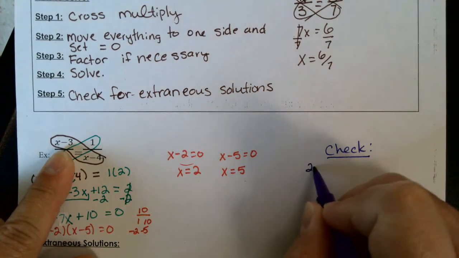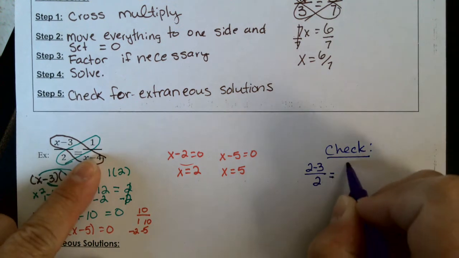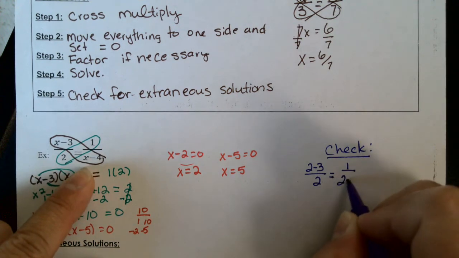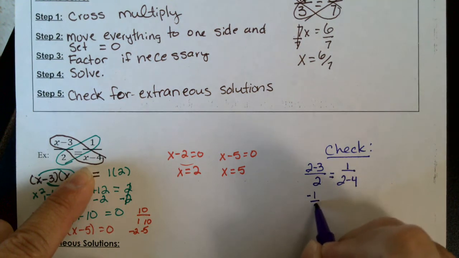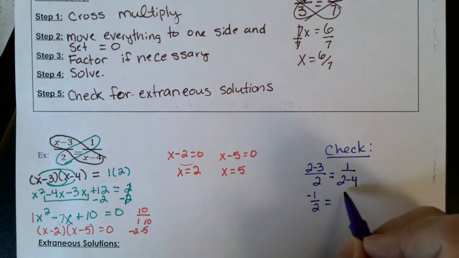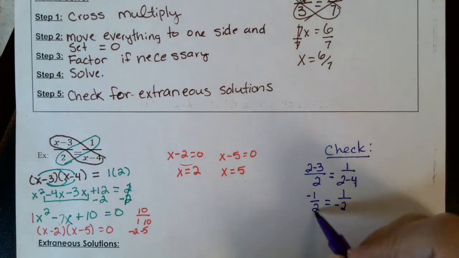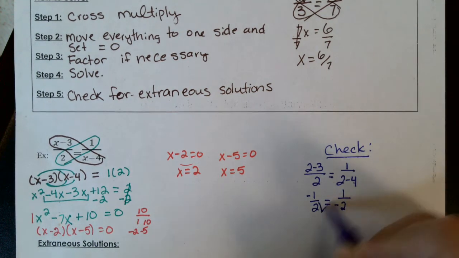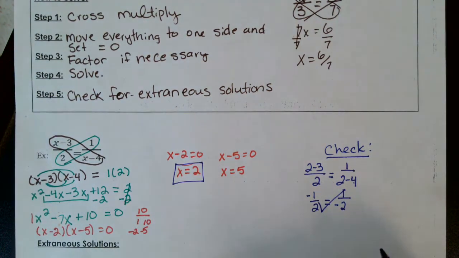I have 2 minus 3 divided by 2 equals 1 divided by 2 minus 4. So 2 minus 3, that's a negative 1/2. And 1 over 2 minus 4 is a negative 2. So I have negative 1/2 equals negative 1/2. So that works. So this is definitely a solution.